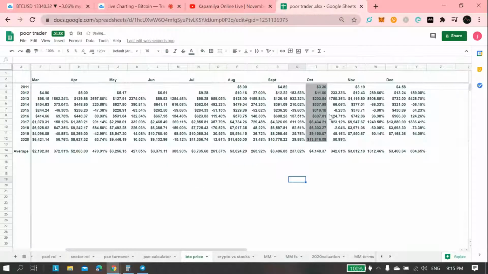So these are the prices, and it's growing at an average of 342. That's the average of all of this. But versus the previous year, October 2019, that's actually up by 50.99%.